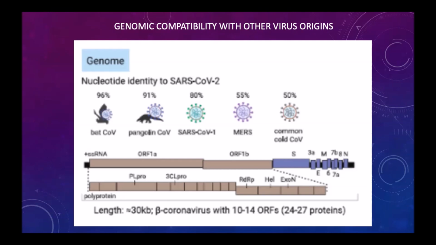So we know that more than likely the transmission from animal to human was bat, pangolin, and then us. Now, as it mutates, it changes its genetic material.